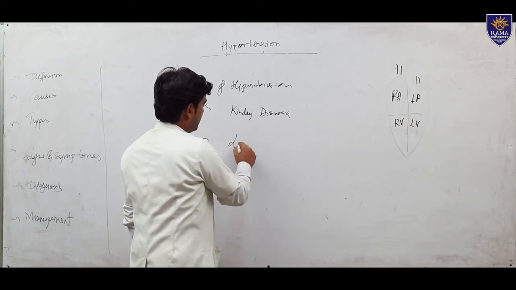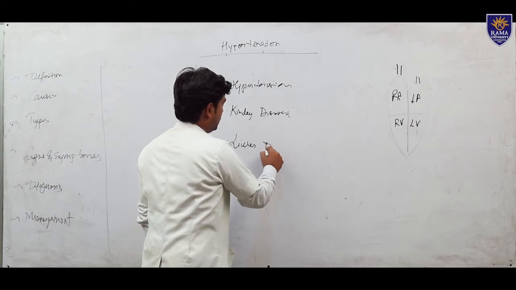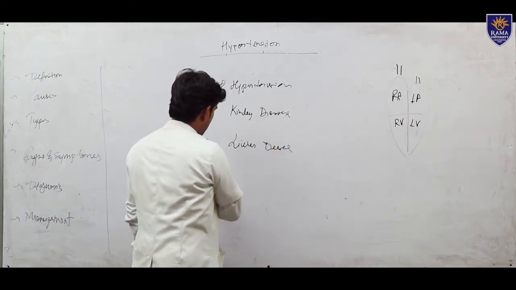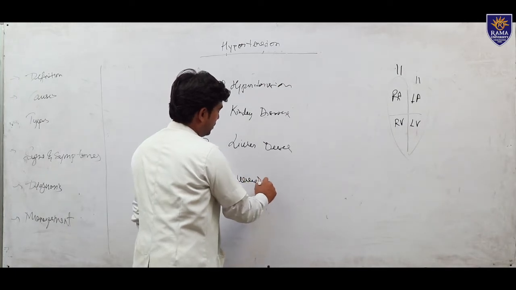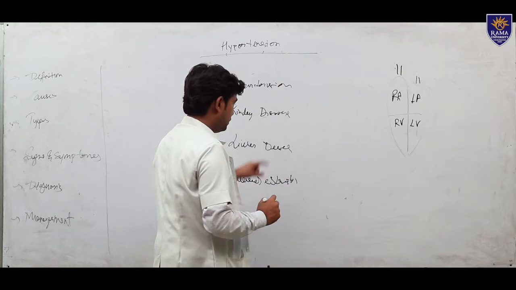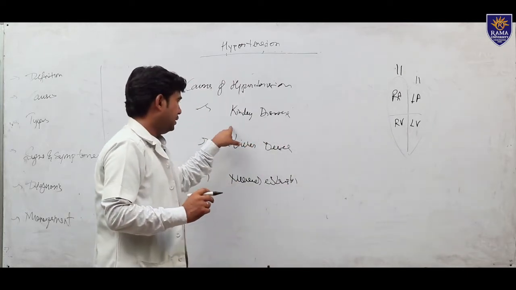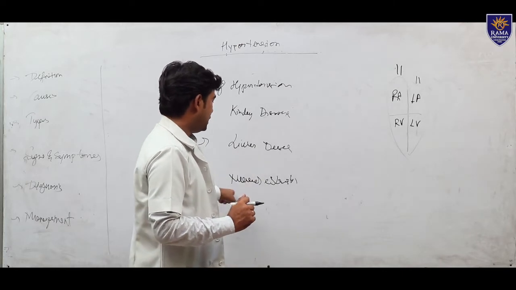Second is liver disease. Third is nervous system stress. There are three main causes: first is kidney disease, second is liver disease, and third is the nervous system.